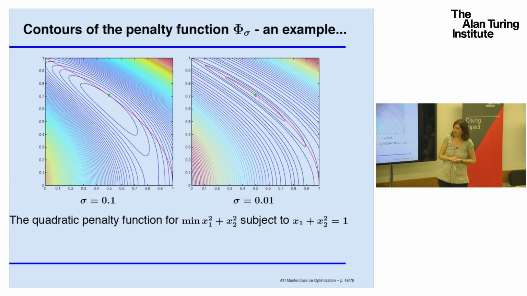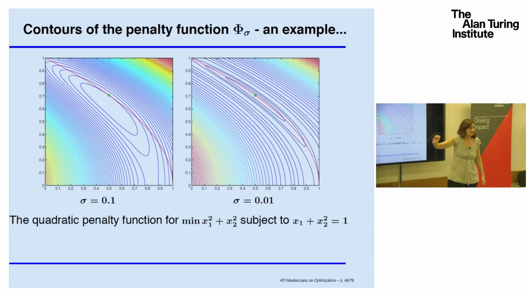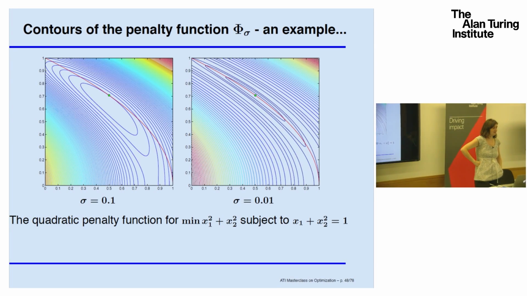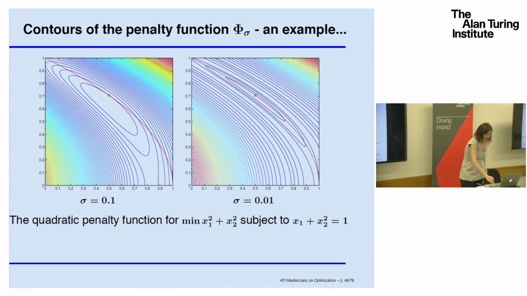What else do we notice here in these contours? When these contours elongate along the constraint, they will blow up very quickly in this direction, and they may be much more slowly varying along the constraint. So what can we conclude about phi? It's ill-conditioned. It will generally be ill-conditioned. All right.